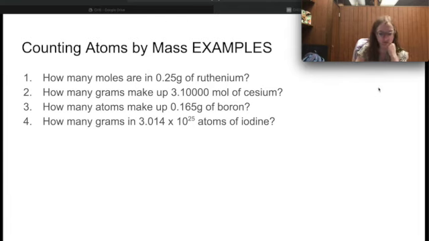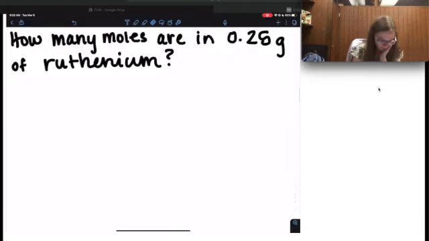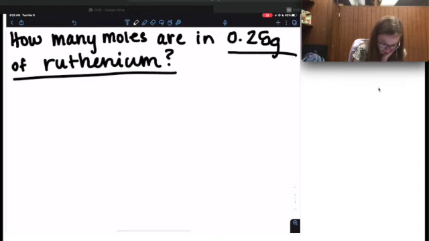Okay, so now we're actually going to work through the first problem you see on your screen. We want to know how many moles are in 0.25 grams of ruthenium.